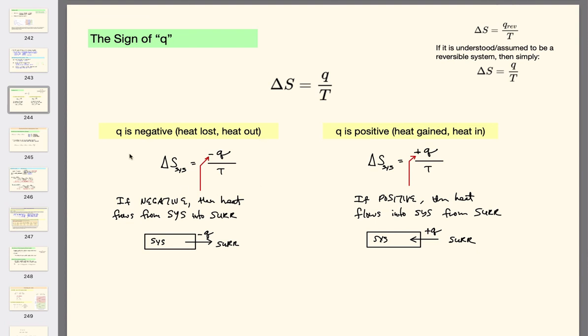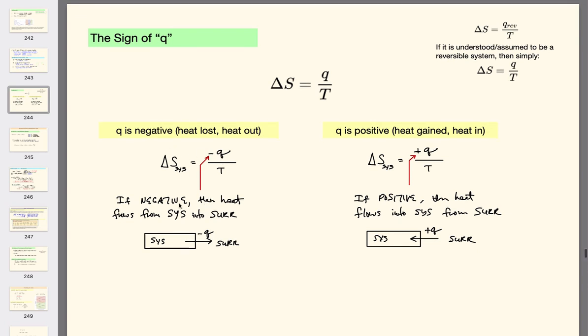So we're interested in what's happening with our system. We have some chemicals or whatever, and we want to see what happens to them. So if Q is negative, well, you know that. If Q is negative, then heat flows from the system to the surroundings. And delta S is going to follow that.